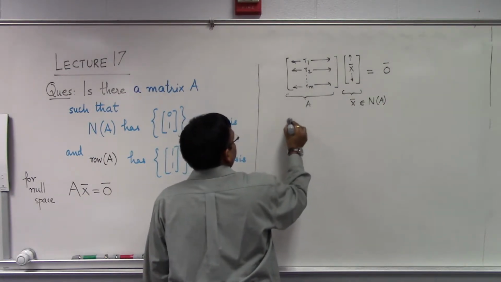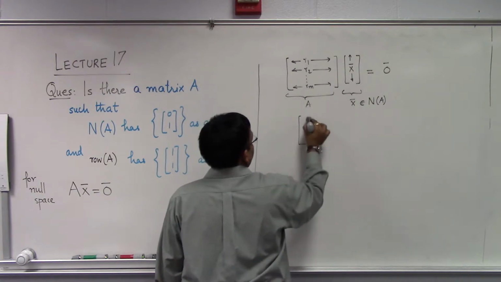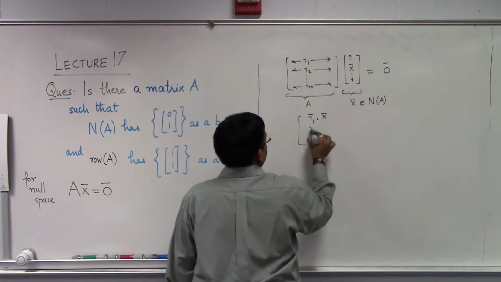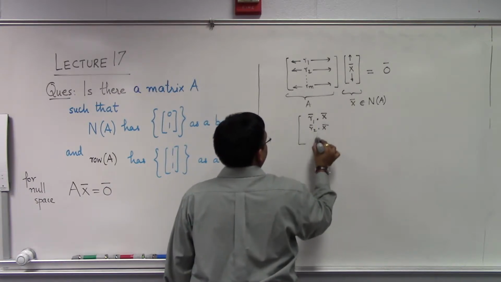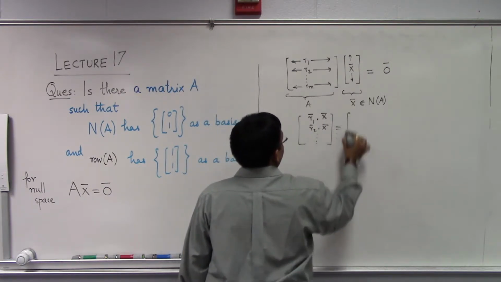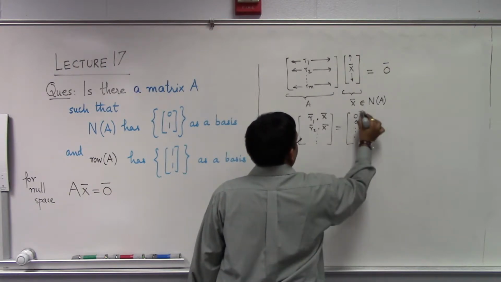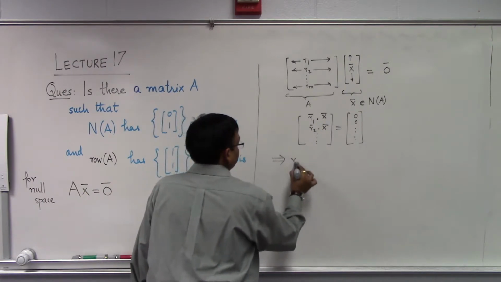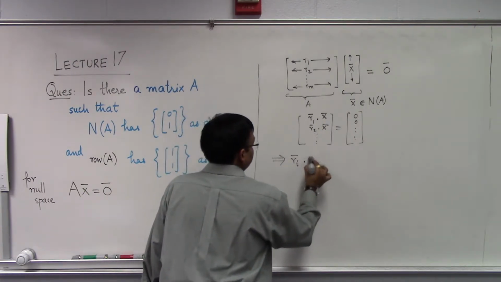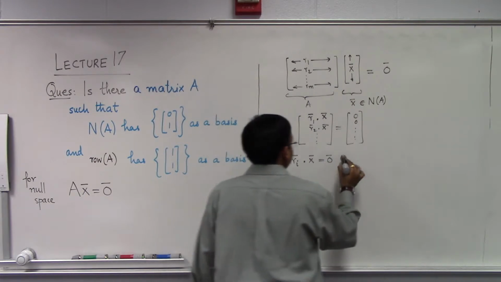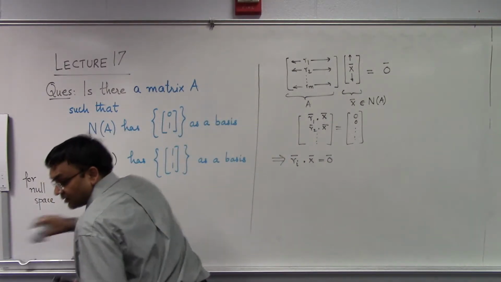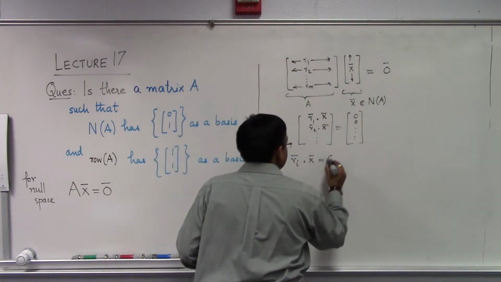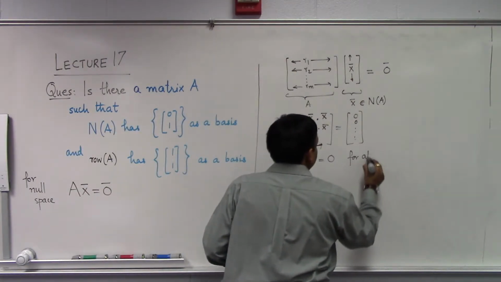Now, based on matrix multiplication, when you multiply the matrices, what exactly do you get? You'll get R1 dot X, R2 dot X, and so on and so forth. And you want this to become equal to the zero vector. This means what exactly are we getting? We are saying that Ri dot X must be 0 for all i.